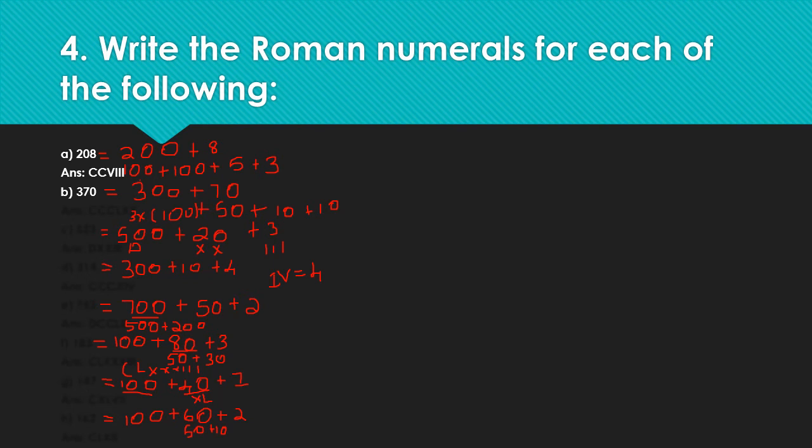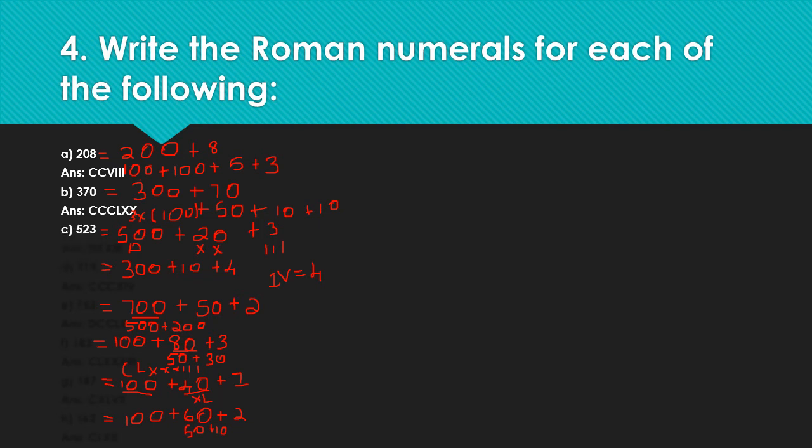Or you can write this one as 3 times 100. So now 3 times 100, what will you get? 100 stands for C. So 3 times you can write CCC. Then plus 50 L. Then 10 is X. So here two 10s are given. You can write it as XX. So the answer will be CCCLXX.